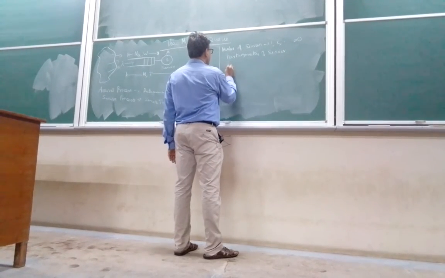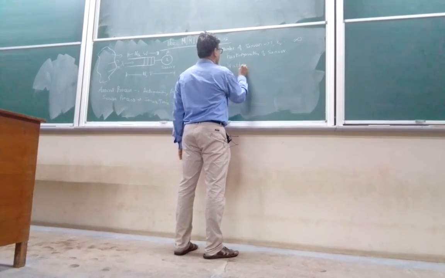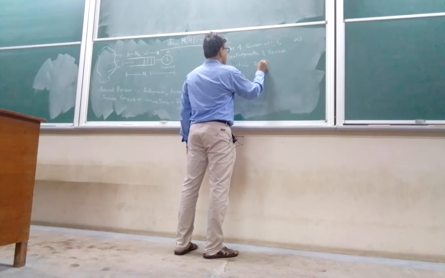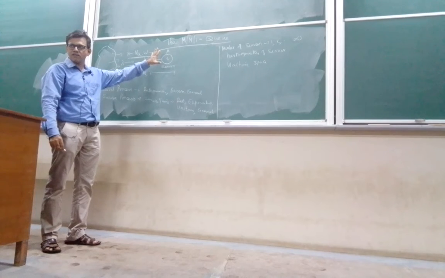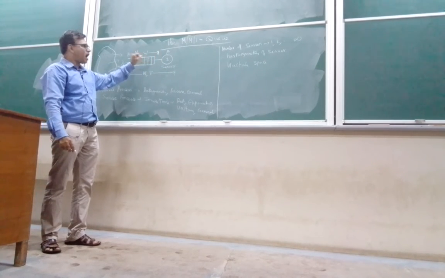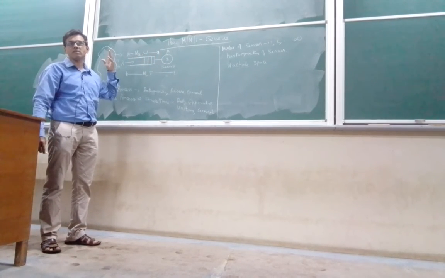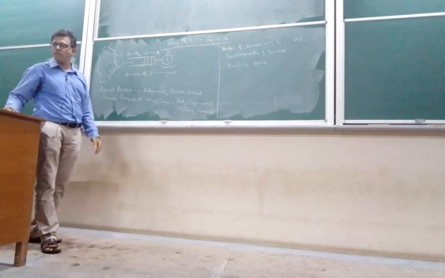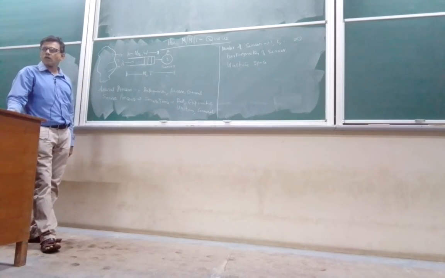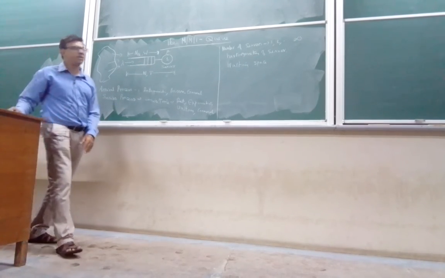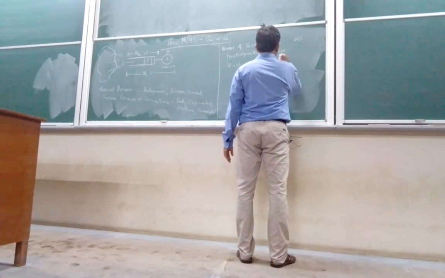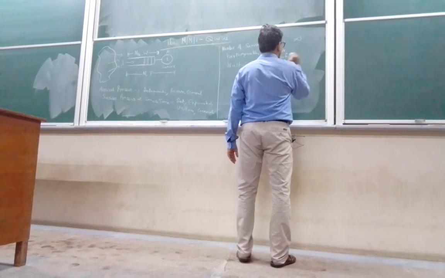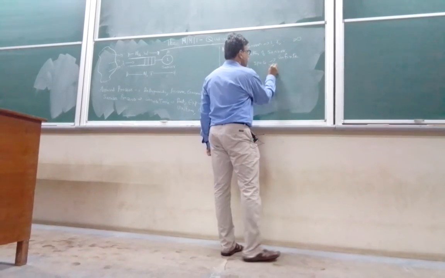Then the waiting space. Obviously, when a particular customer is under service, the other customers who have arrived have to wait. That is what we call the waiting space. You may have no restriction on the waiting space, in which case you have infinite waiting space, or it can be finite.